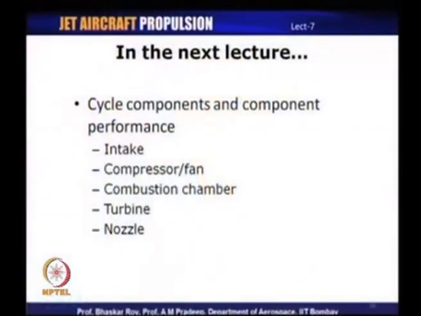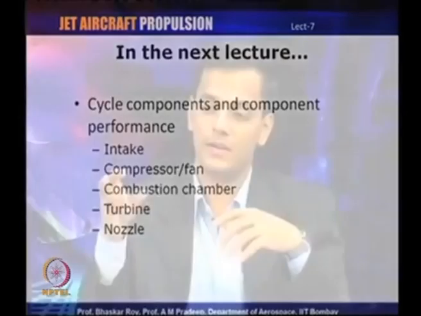In the next lecture, we will be discussing the different components which constitute a jet engine, and how we can account for the performance of these components. We will discuss the air intake or the diffuser, the compressor or the fan, combustion chamber, turbine, and the nozzle. So, these are the different salient components of a jet engine.